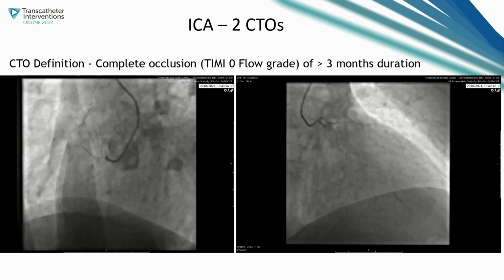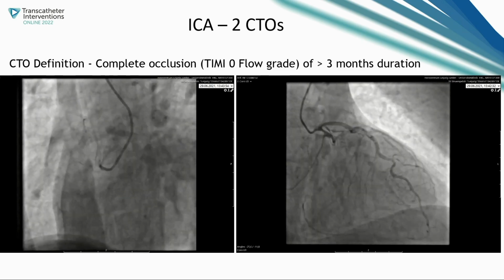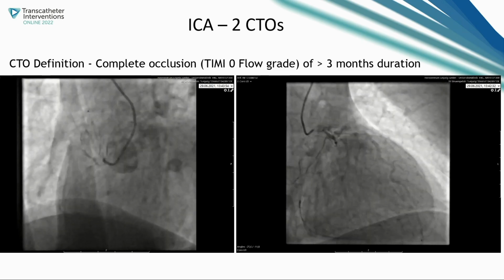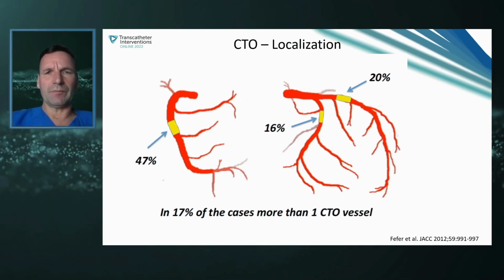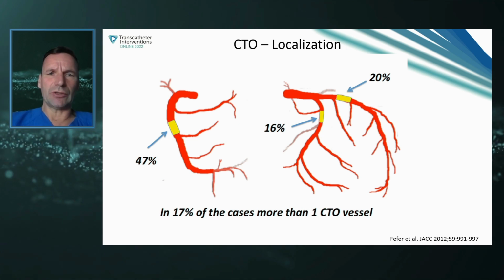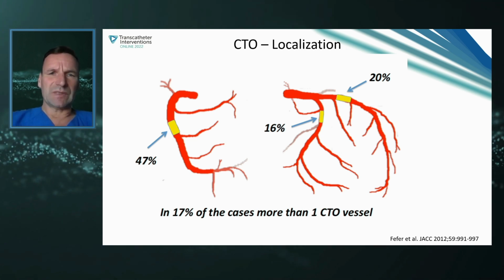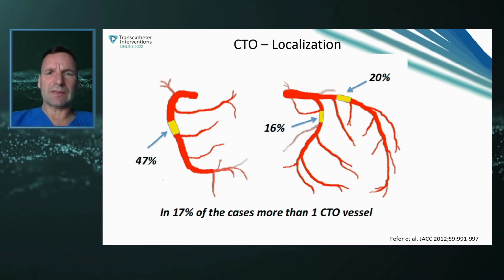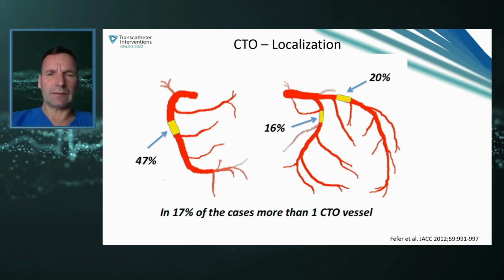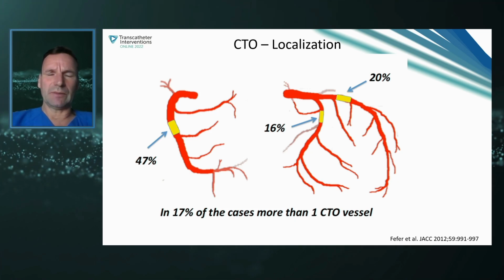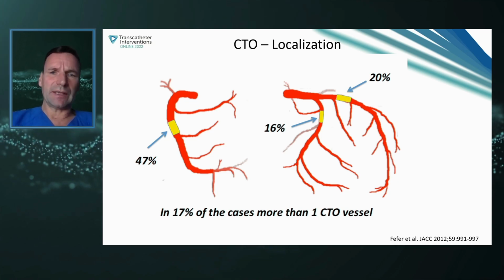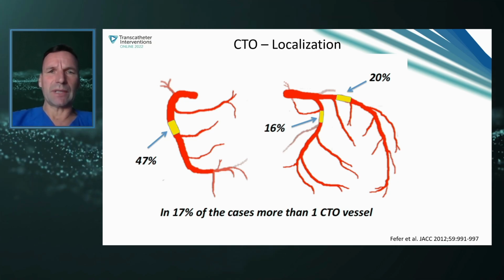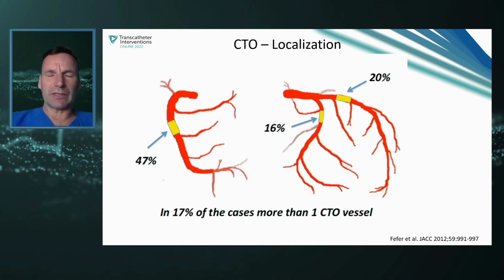So we have a 2-vessel disease in this patient, with a CTO of the RCA and a CTO of the left circumflex.